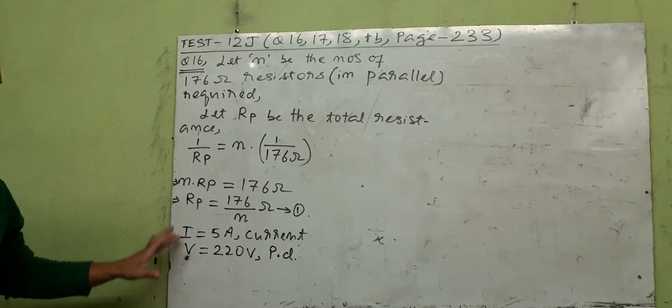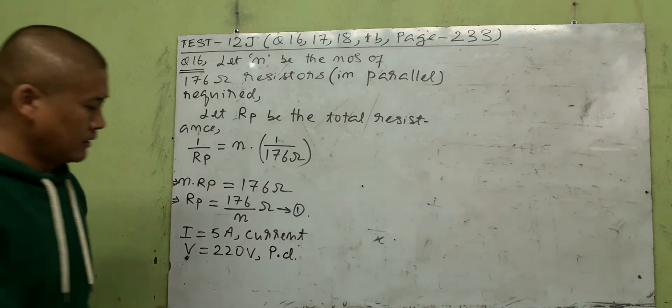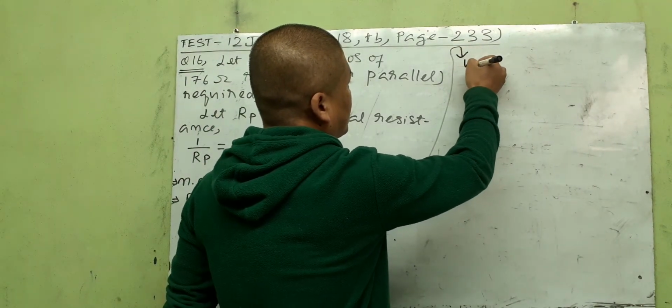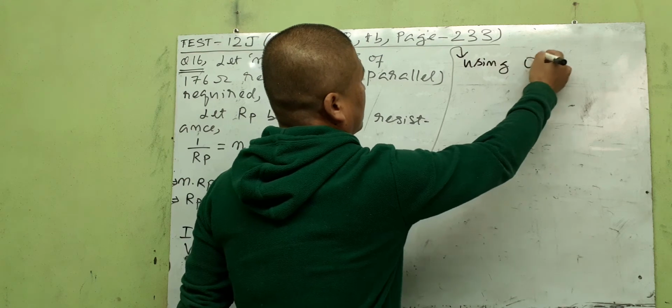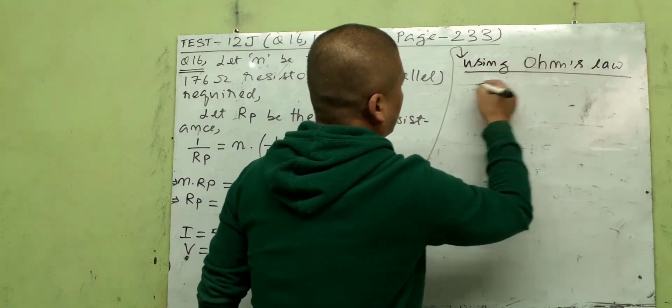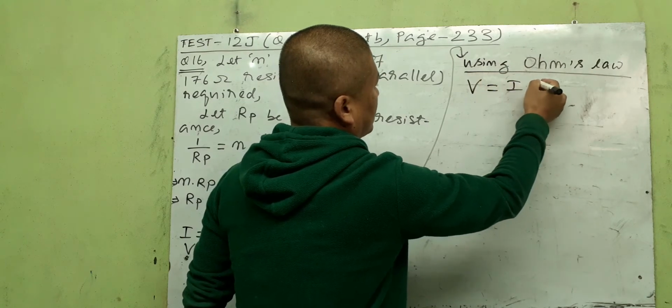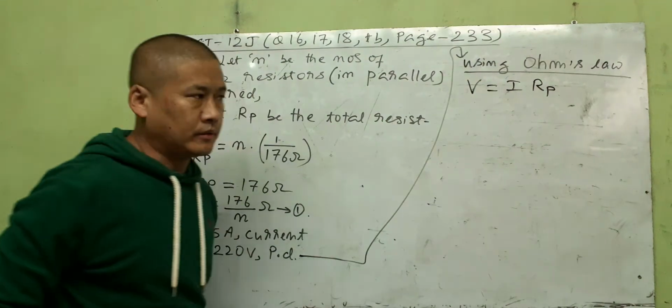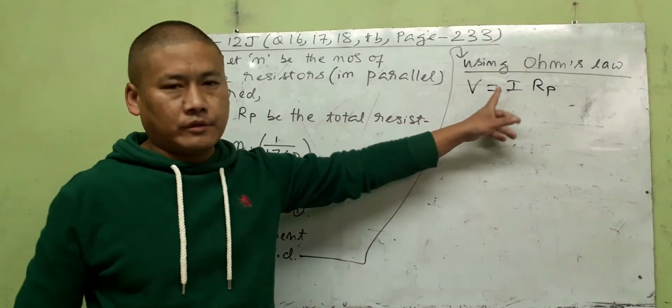So I, V and Rp are there, which means only one formula we can use with this, using Ohm's law. We know V is equal to I into R. But in our case, the total R is Rp. So this is the Ohm's law equation, right?